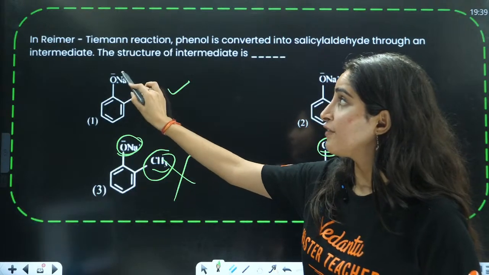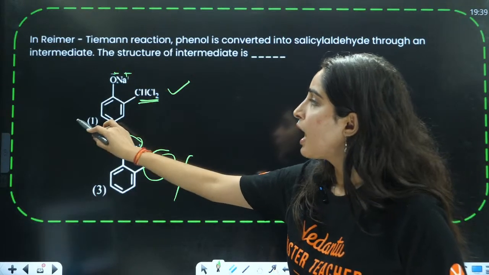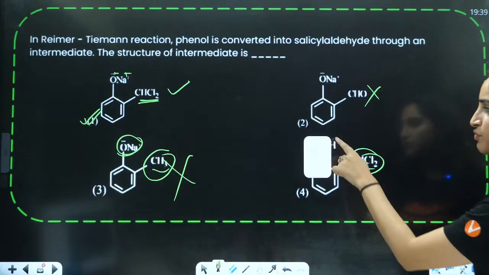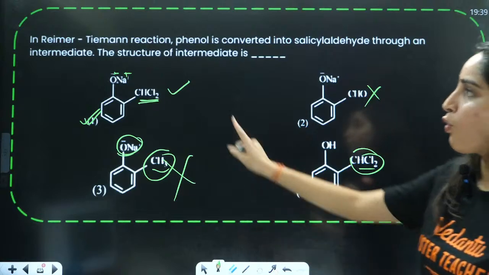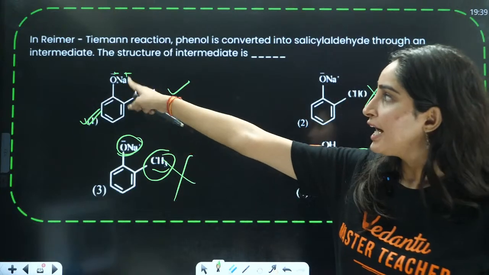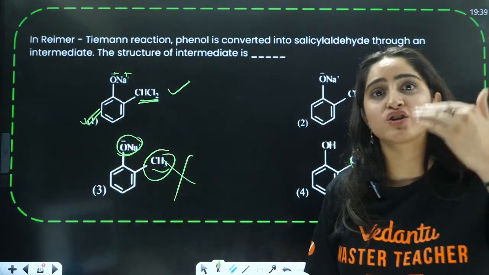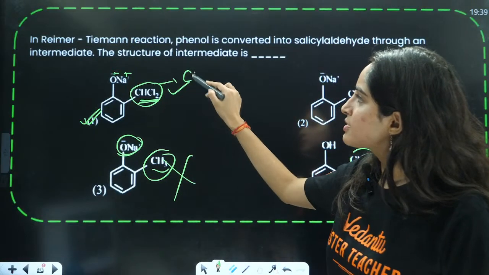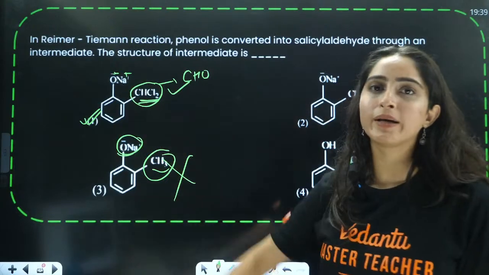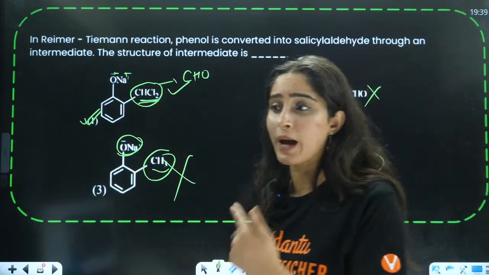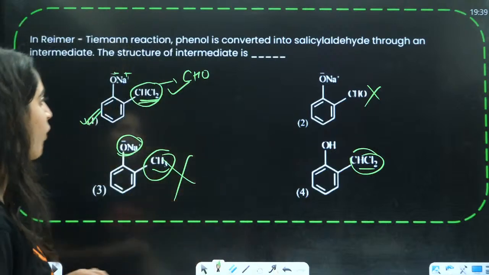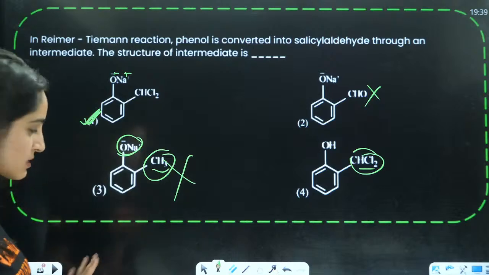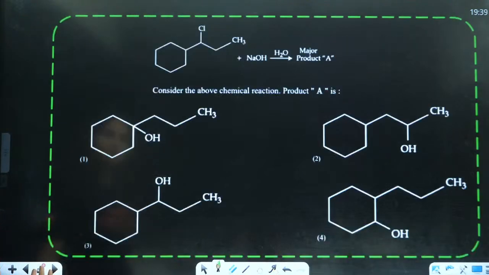Here you have O negative Na positive, this is definitely among them the correct answer, because OH was not directly formed, you had ONa. Firstly, this will be converted to CHO, then this ONa will be converted to OH. This is why mechanisms are also important for you. First is the correct answer.